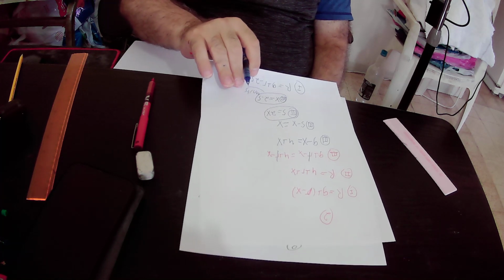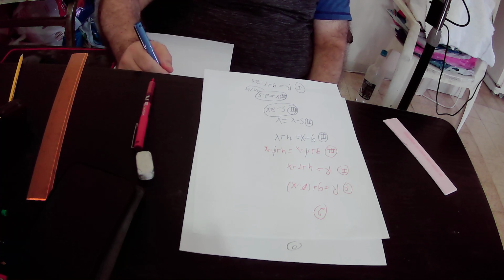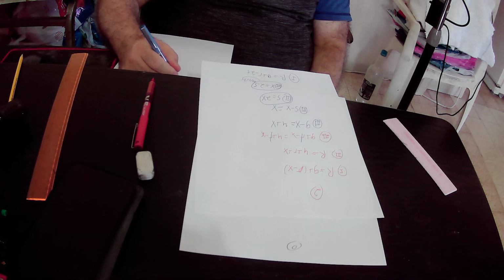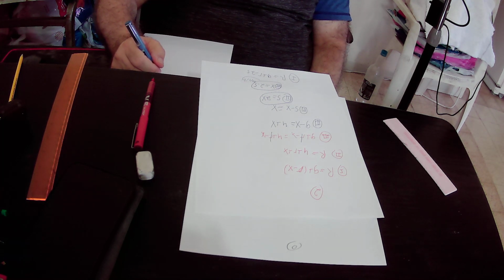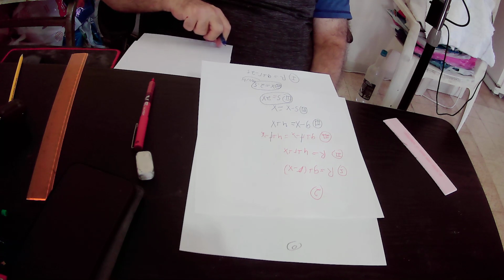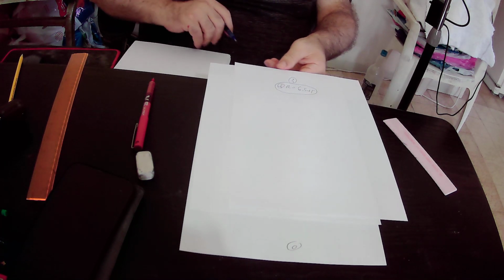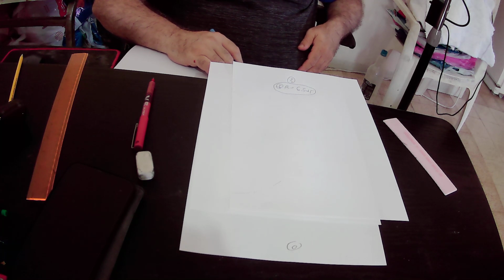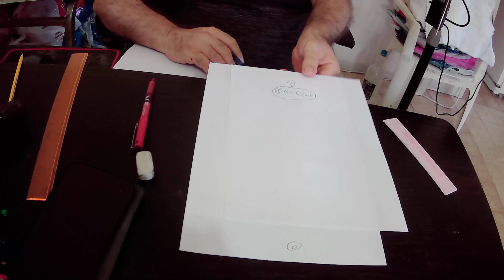So we have the equation that states that capital R equals 9 minus 2.5, which is 6.5, plus R. So the radius of the big circle equals 6.5 plus the radius of the small circle, or in other words, the radius of the big circle is bigger by 6.5 units than the radius of the small circle.